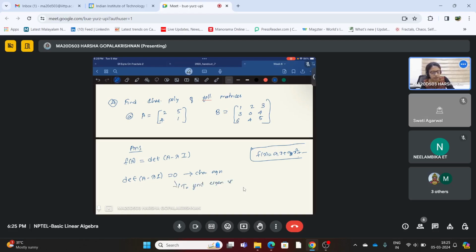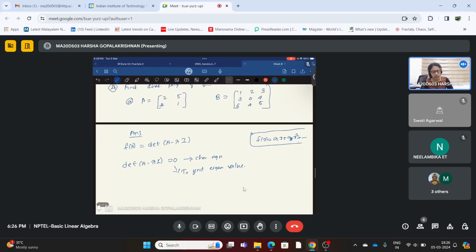When we equate to 0, all the roots of the characteristic polynomial are the eigenvalues. Now, the determinant of A minus lambda I: what is A? A is 2 5 4 1, and lambda I means multiplying I with lambda, that is lambda 0 0 lambda.